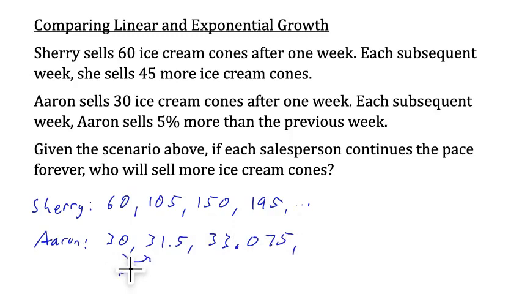We are multiplying by 1.05. The 1 includes the amount from the previous week, and we're adding 5% more. So we're finding 105% of 30, and then we find 105% of 31.5.